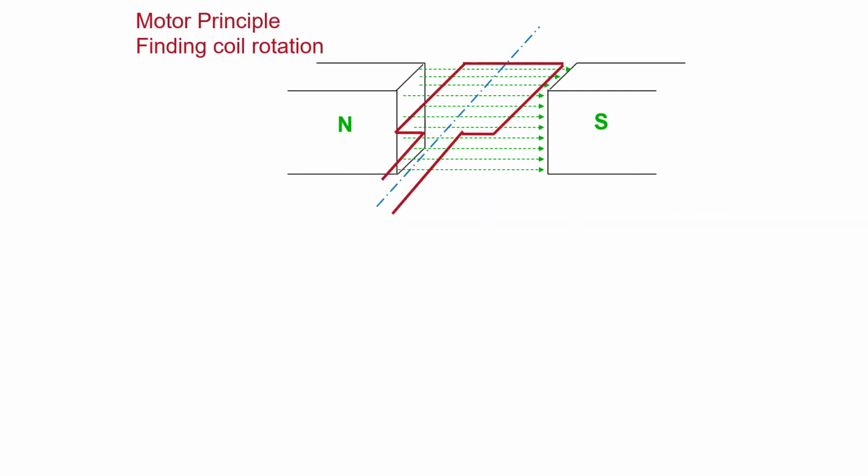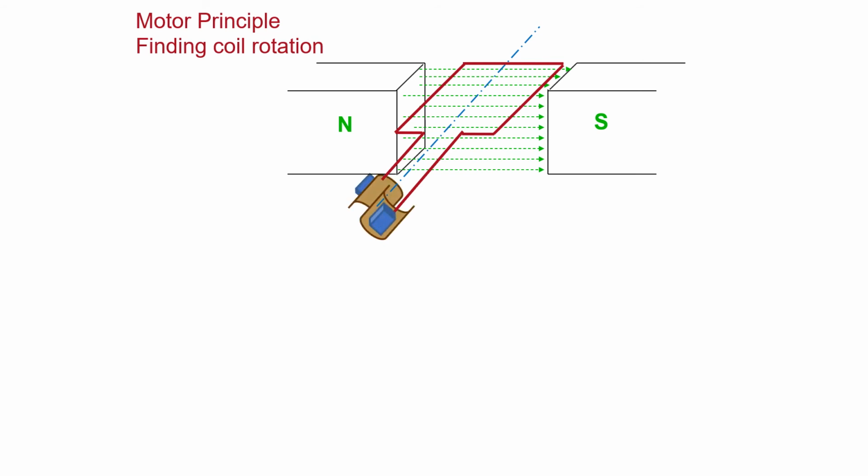Let us understand the motor principle by finding out the direction of the coil rotation. You are seeing in the figure a single turn armature coil. The ends of the coil are connected to two commutator segments.